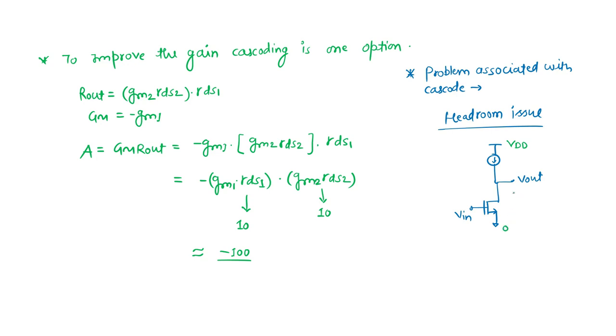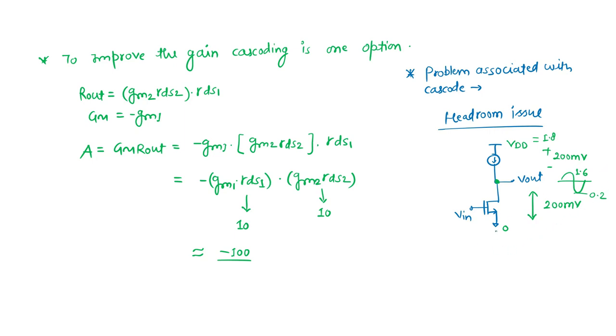For the output to swing, this much voltage is required. If this device operates in saturation at, suppose, 200 millivolt, and this current source is also biased in saturation at 200 millivolt, these 400 are gone, and our output can swing VDD minus 400. Let's say VDD is 1.8, so your output can go at maximum 1.6, and at the lower side a minimum of 0.2 volt. So this much swing is available for your output.